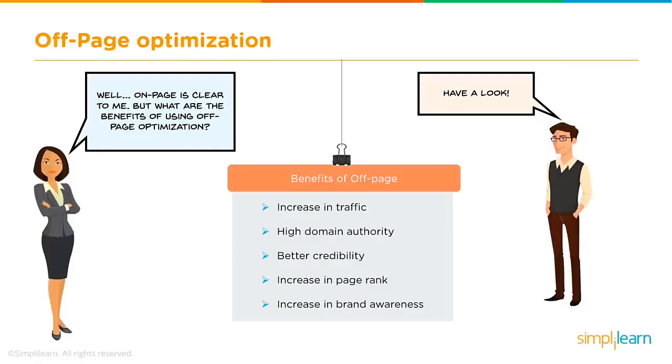And certainly not last, having a good off-page SEO link building strategy increases our brand awareness, because if we're on other high authority websites, Wikipedia, or say a social platform, it's going to increase our brand awareness. And increasing our brand awareness increases our trustworthiness. If somebody is looking to, say, become a digital marketing specialist, then likely instead of typing in digital marketing specialist on Google, they may type in our brand name, in this case, Simply Learn.